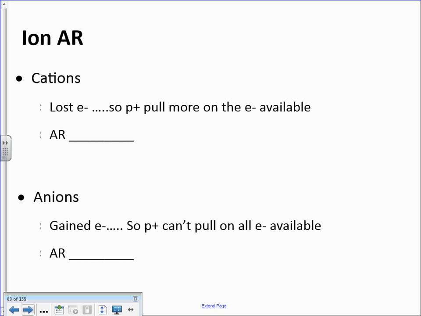So let's go with lithium versus lithium ion. Lithium forms a 1+ ion. That is called a cation, positively charged.